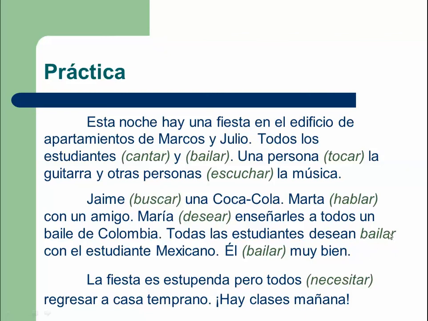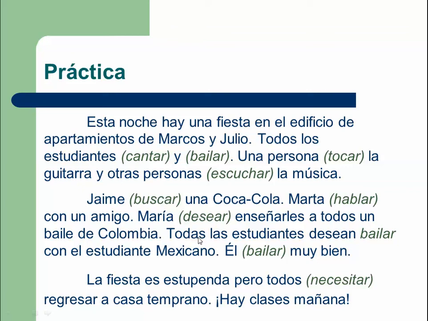We don't have to change bailar because it's next to desear. We want to notice that if you have two verbs together, the second one never conjugates. Only the first one does. So all the students desire, desean, bailar. So they all desire to dance con el estudiante mexicano.